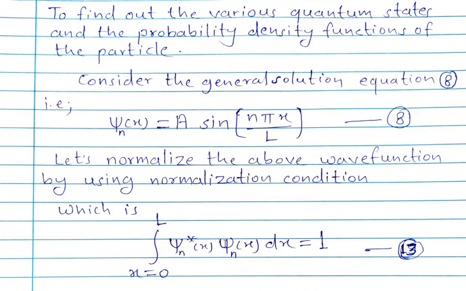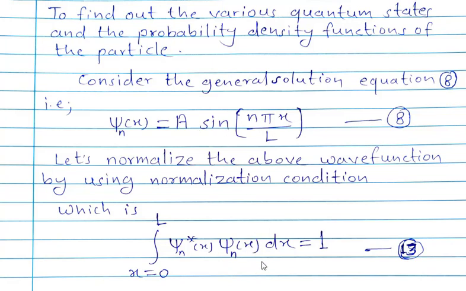Now here, as there are no imaginary terms or imaginary units present in this psi n of x, its complex conjugate, psi n star of x, will be the same function as psi n of x. So the product of the complex conjugate of psi with the psi will simply be its square, A square and this sine square.